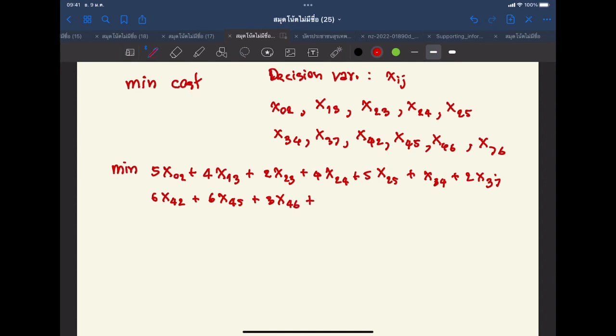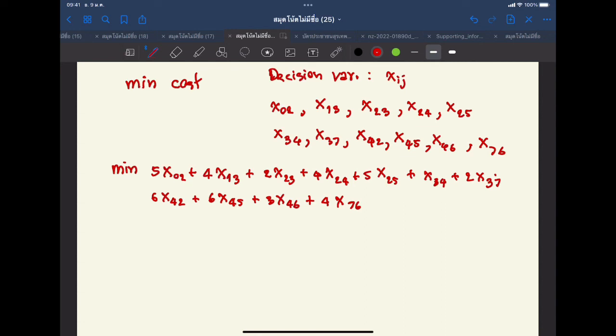Okay, and for x5 no, for x6 no more. For x7, yeah, we have 4 of x76. Okay, so we write down the cost involved in each route.